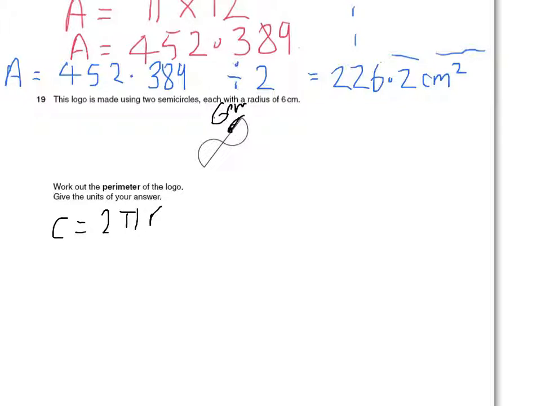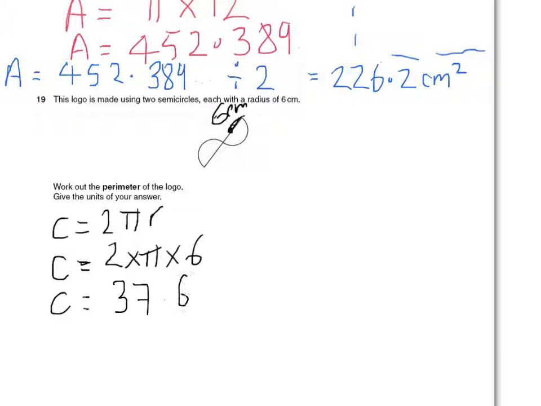For one semicircle we're going to do C equals 2 times pi times 6, which is equal to 37.699, etc. But we only want a semicircle rather than a whole circle, so we'd need to halve this value to find the curved length of just this part.